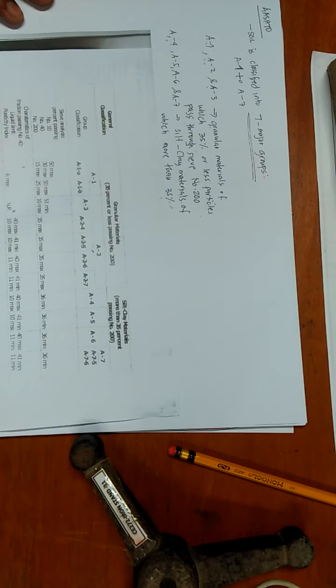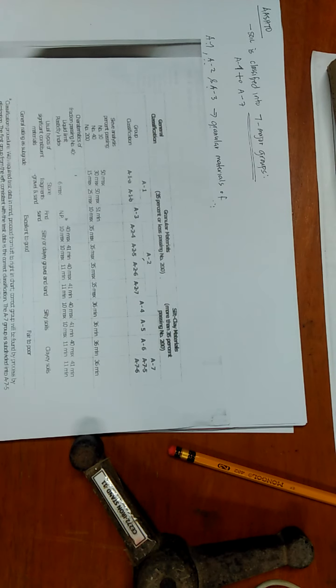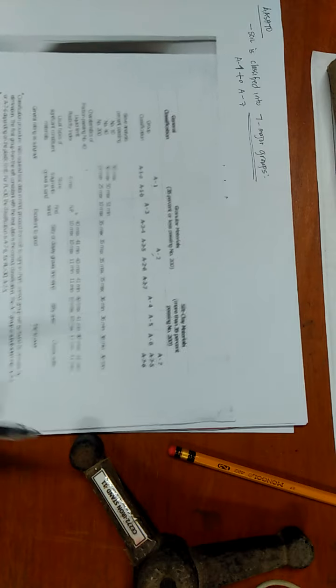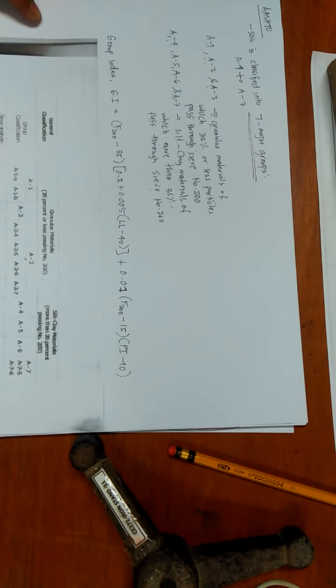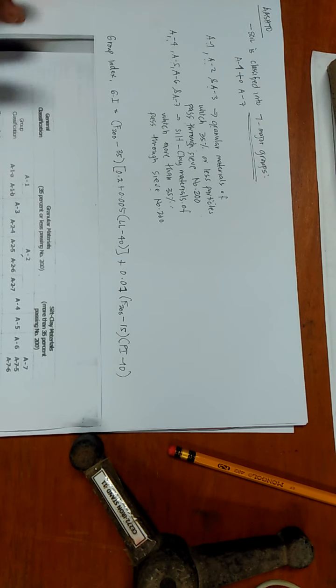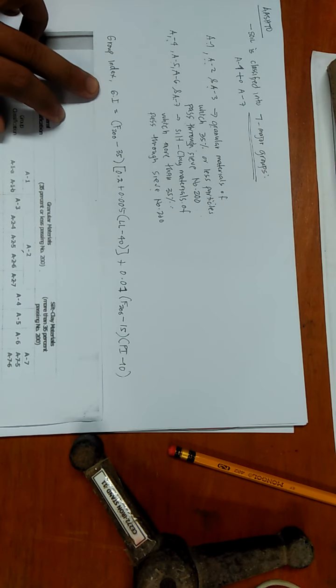Again, this is your AASHTO chart, or your American Association of State Highway and Transportation Officials system chart. Sabi niya rin dito, there is a formula for your AASHTO, kasi hindi natin masasabing na-classify na natin itong soil na ito unless ma-compute natin itong group index muna.